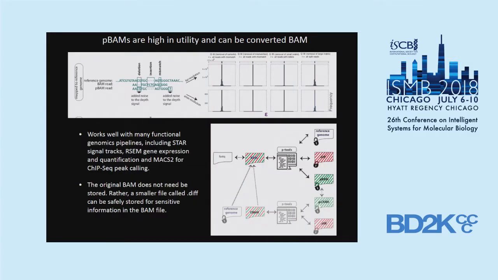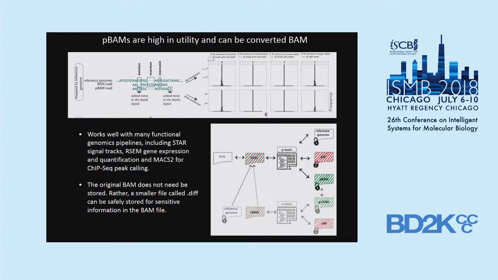As you can see, our epsilon values are very, very close to 0, so the utility of these files is high. These PBAM files work really well with certain functional genomics pipelines like STAR, RSEM, MAX2, and we are working to see whether other pipelines work as well with PBAMs.